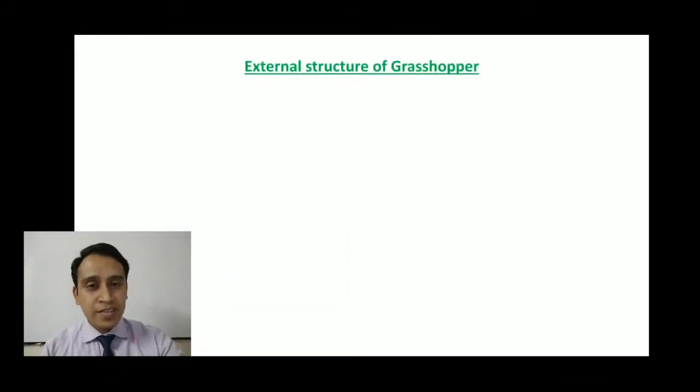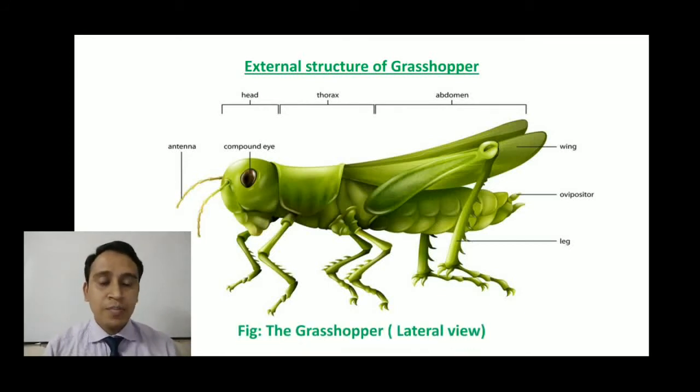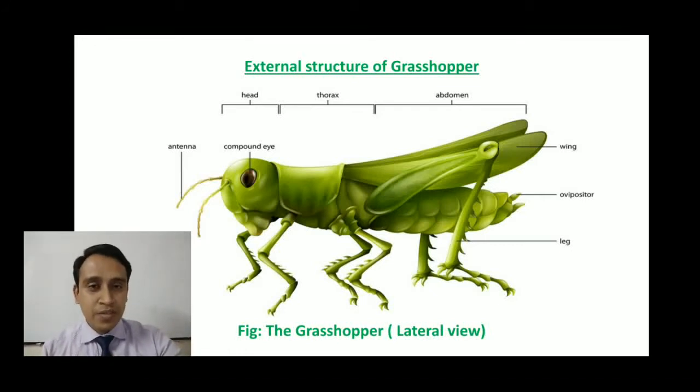Now, the external structure of grasshopper. Grasshopper is basically found in open grass fields and vegetable gardens. It is a herbivorous animal and one of the large insects, because it is 8 to 9 centimeters in length.